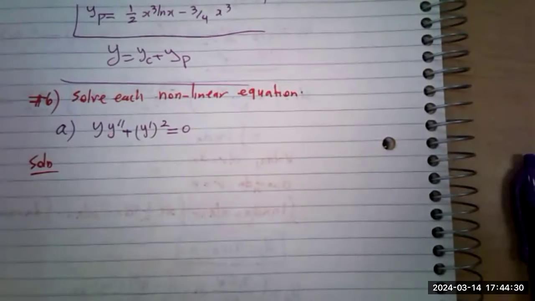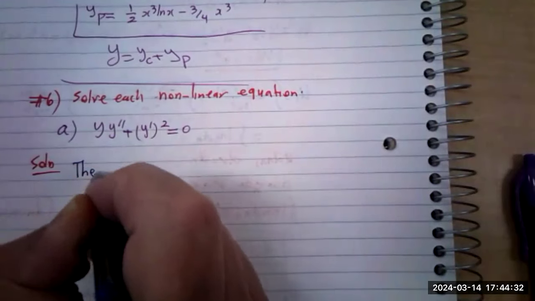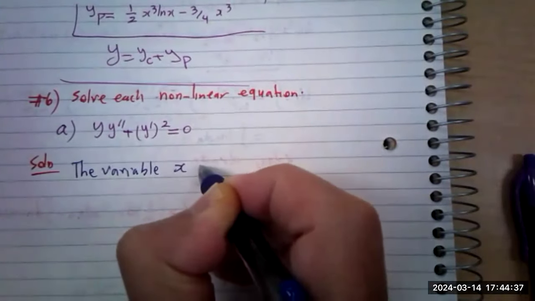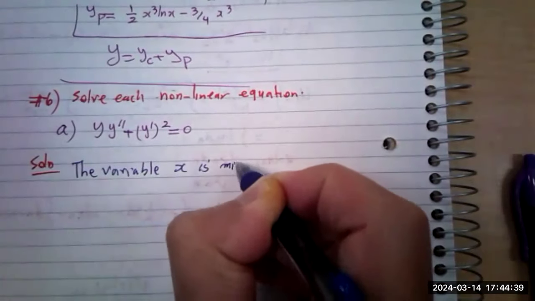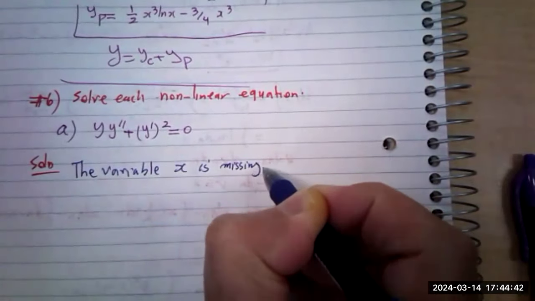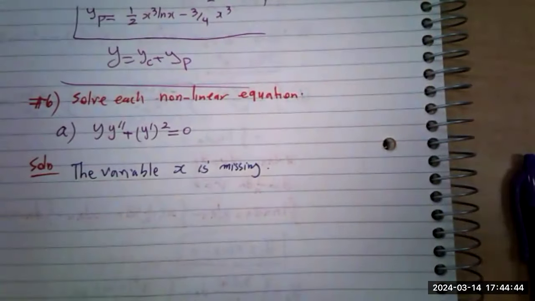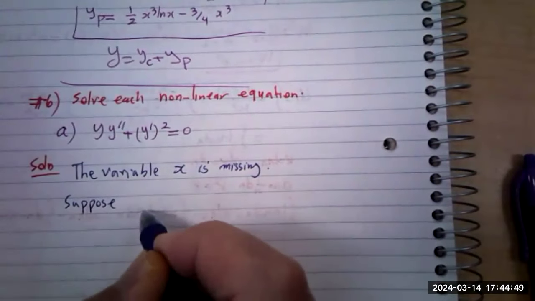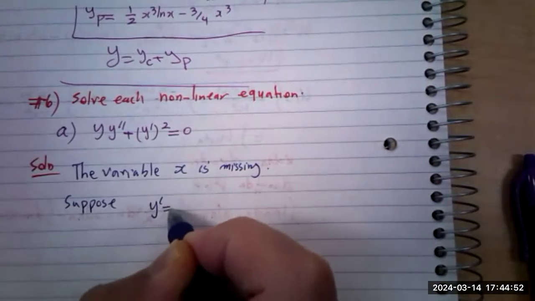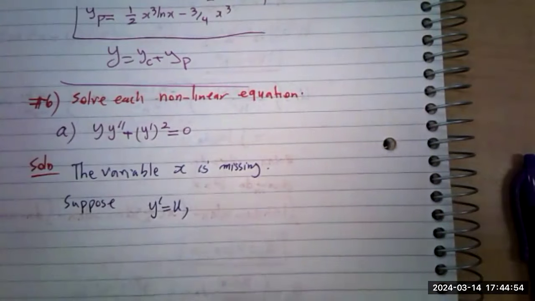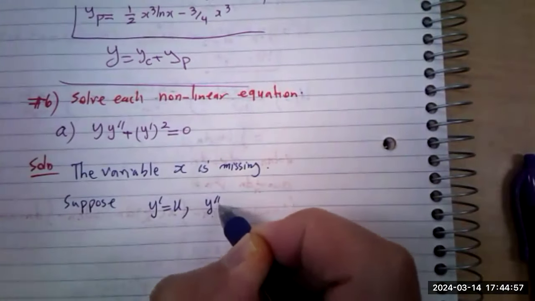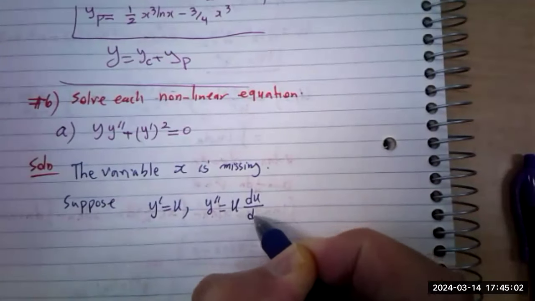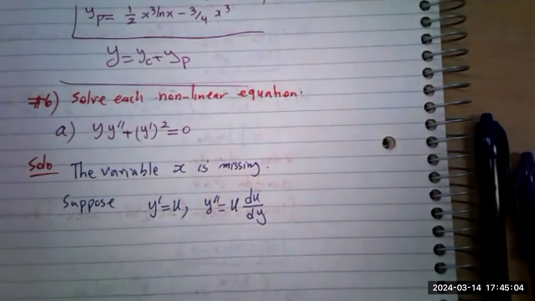This is case 2. So the variable x is missing. This is where you have to create a new differential to be able to do it. So what we're going to do is suppose that y prime is equal to u. But remember, y double prime would be u du dy, because you don't have the x.